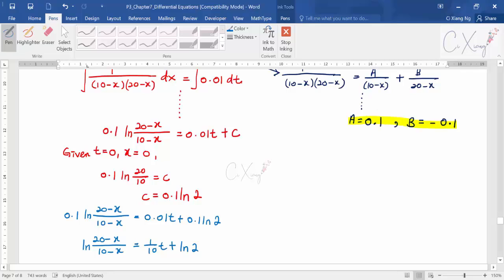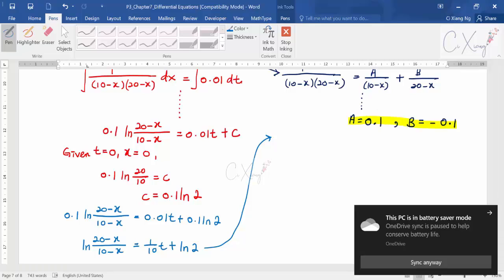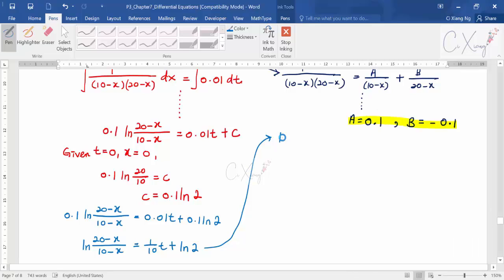After that, the ln 2, I can bring it to the left so that it combines together with the ln. After I bring it over, it becomes minus, so minus means divided by 2. So (20 minus x) over (10 minus x) equals 1 over 10 t.